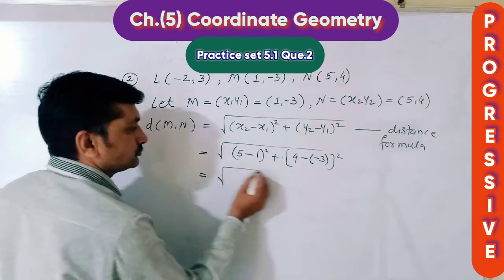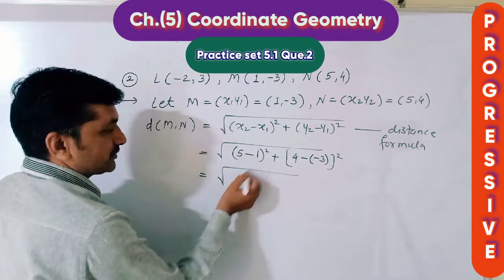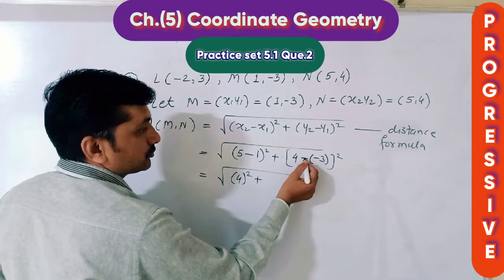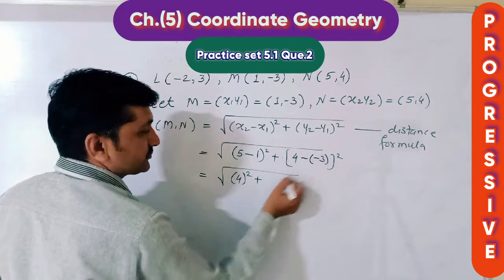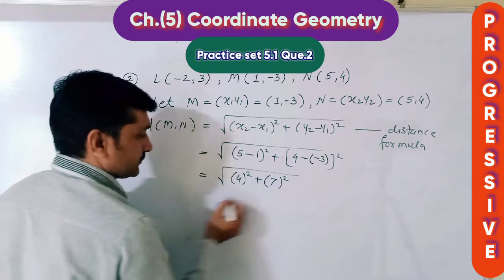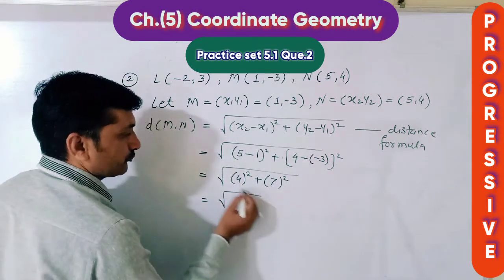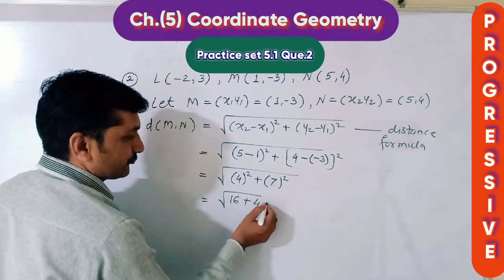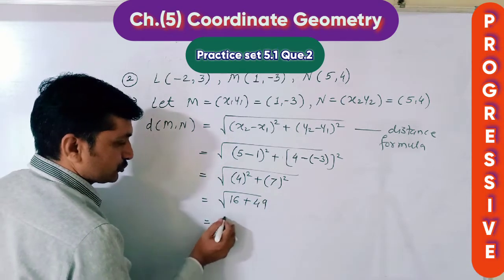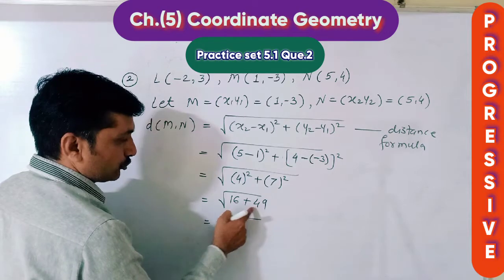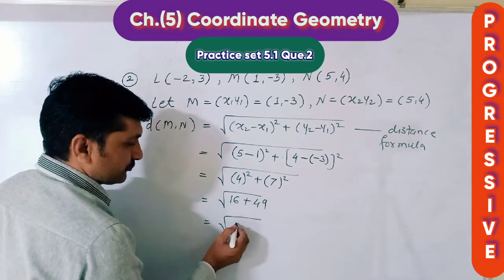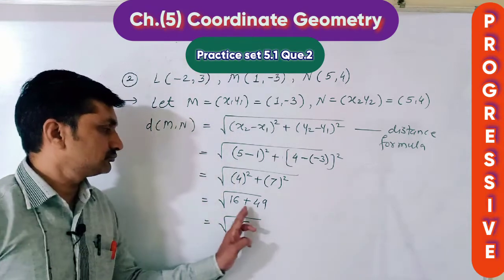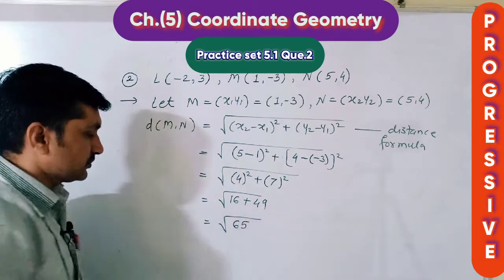is equal to 5 minus 1, 4 bracket square plus 4 minus minus 3, that is 4 plus 3, 7 bracket square is equal to square root of 4 square 16 plus square of 7 49 is equal to square root of the addition of 16 and 49, which is 65.